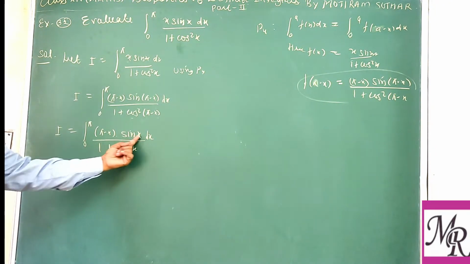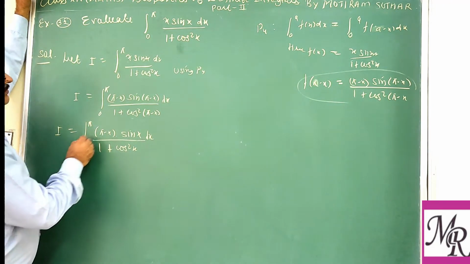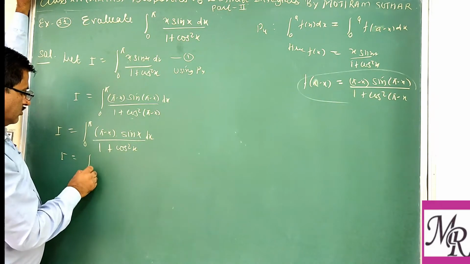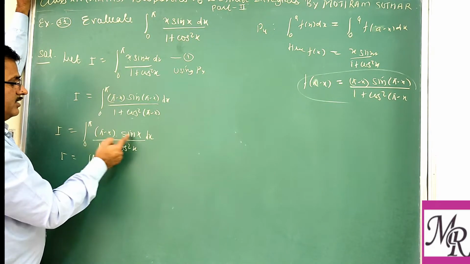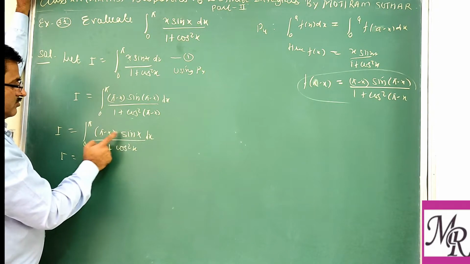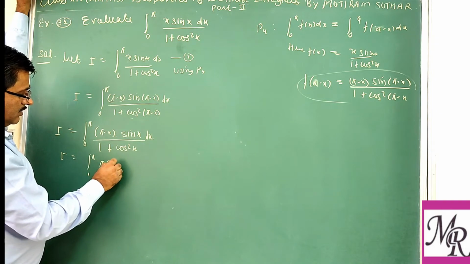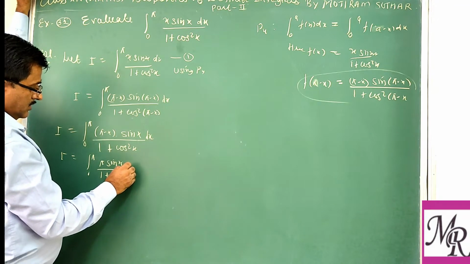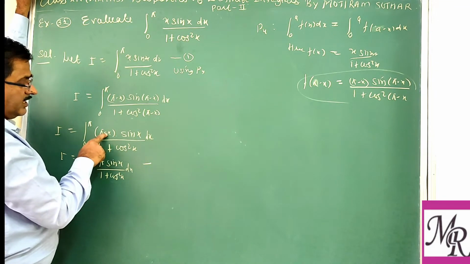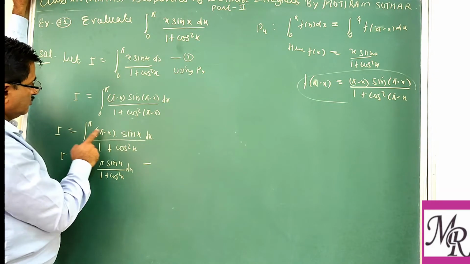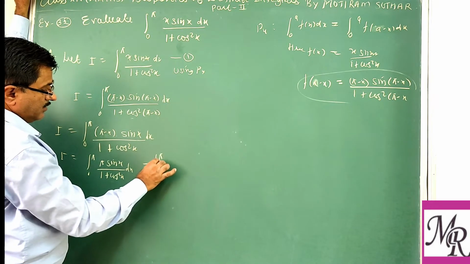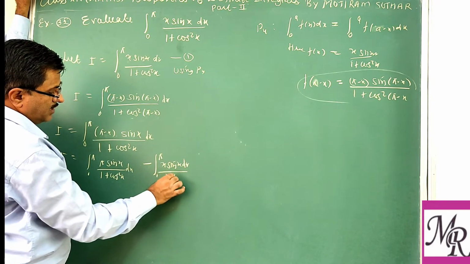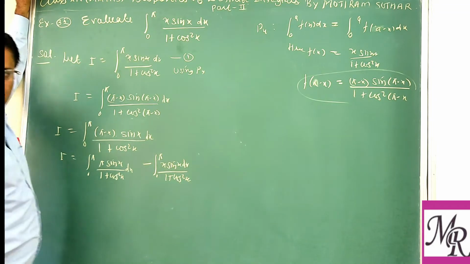Now you can separate these two terms. Suppose we call this equation 1. So I is the integral from 0 to pi, and there are two terms, pi into sin x and minus x into sin x. So the first integral will be pi sin x upon 1 plus cos square x dx, then minus the second integral, minus the integral from 0 to pi of x sin x dx upon 1 plus cos square x.